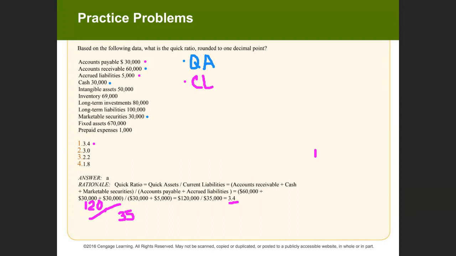Anything long term is not going to be included because it's not quick and easy to convert. Fixed assets, you think of buildings, those are hard to turn over into cash. And then prepaid expenses. So try to go through these, and the first thing you want to do is identify what's a quick asset and what's a current liability, and then go from there.